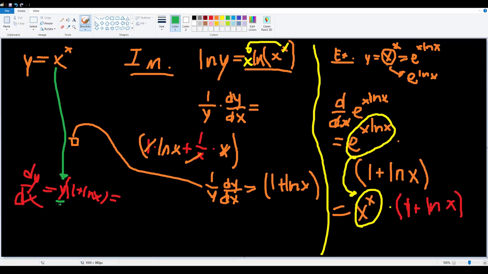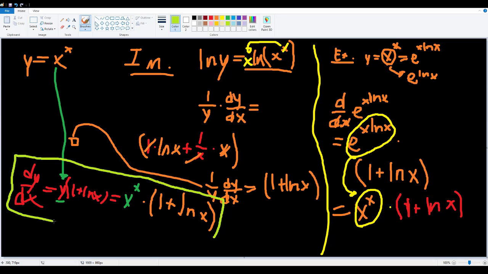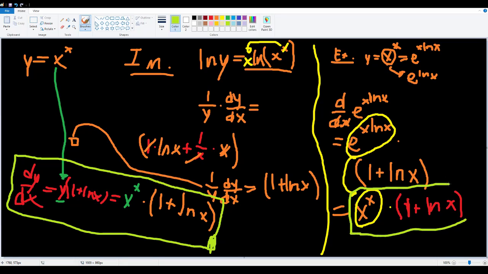And so if our y is equal to this original equation, we can just say x to the x times our other part, which would be 1 plus ln x, and so that would be our other derivative. I like these Christmas colors going on here. And also here we found this, and those would be our two derivatives.